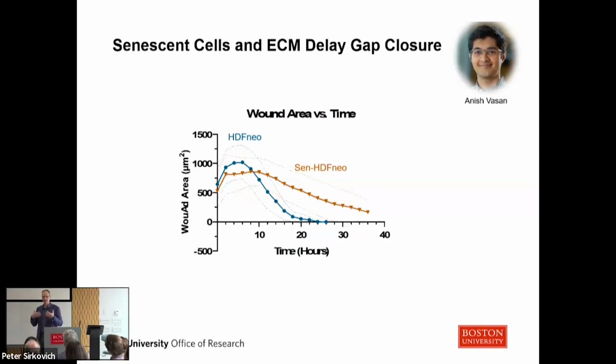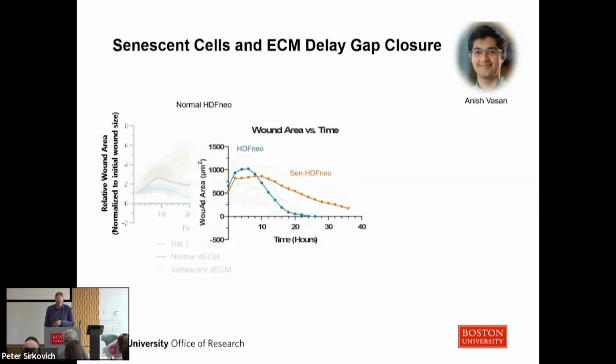As we age, we have an accumulating number of damaged cells that go into senescent state. And so we were wondering if senescent cells also show delayed wound healing. And indeed, it phenocopies the young versus adult cell types here. So here we have neonatal cells, they heal rapidly, whereas when we induce senescence in those cells, we get a slowed down healing profile.